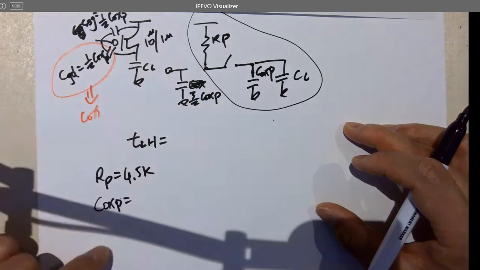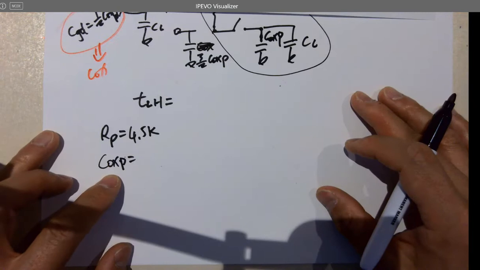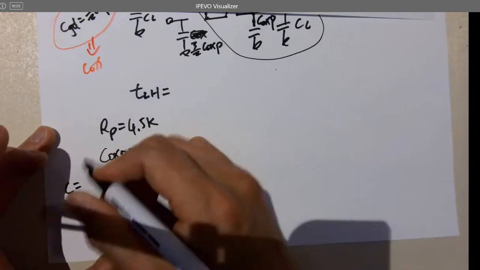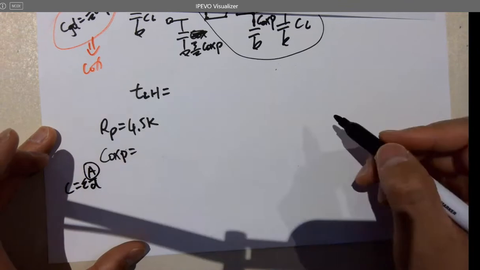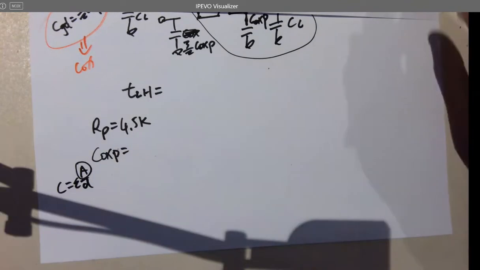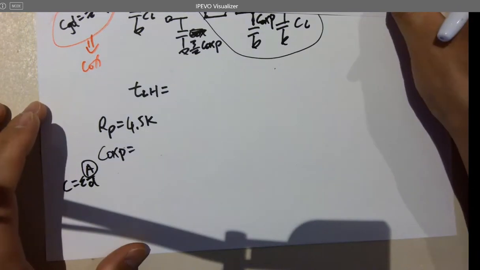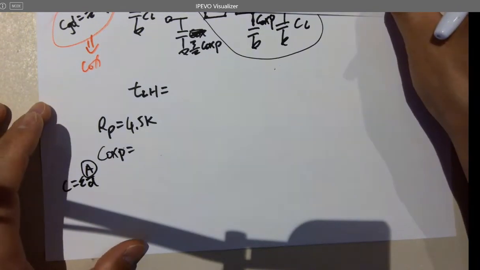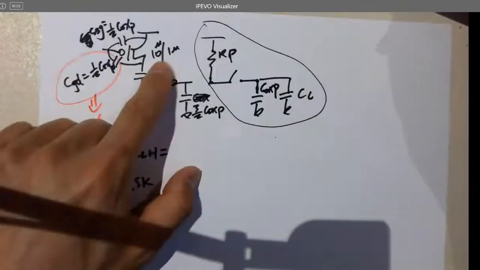So what about the Cgs? C equals to epsilon A over D. So A is 3 times larger, so you get 3 times larger C as well, right? Which one is larger? This is larger, and this is smaller, this is 10 to 1.